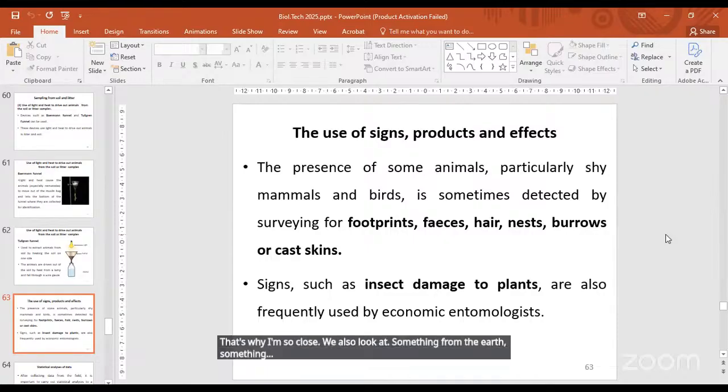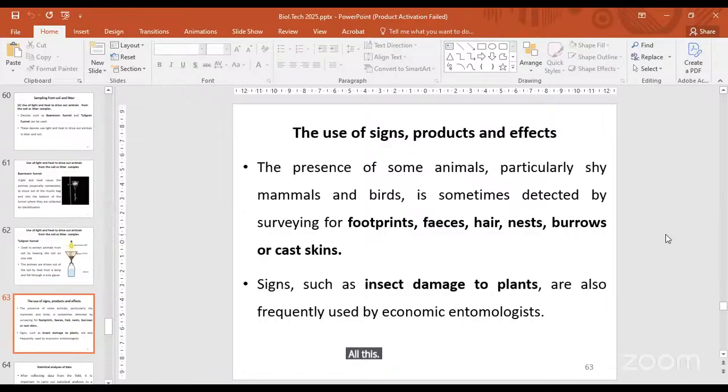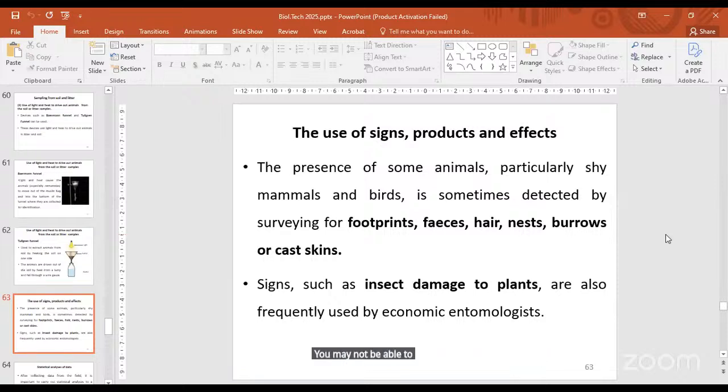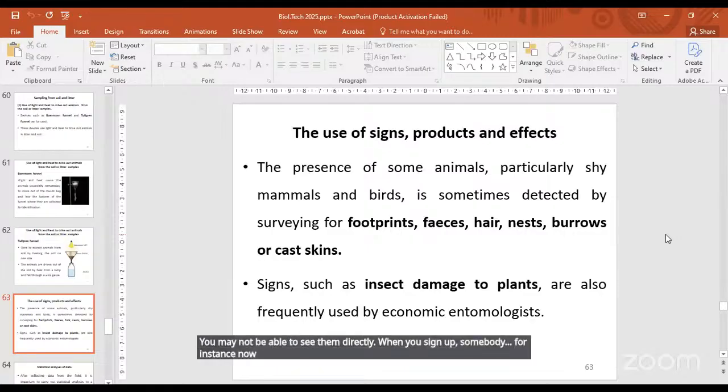Now, there are some cases. All these devices and methods that I've talked about, there are some animals that you may not be able to sample. You may not be able to see them directly. For instance, somebody wants to work on animals like elephants.